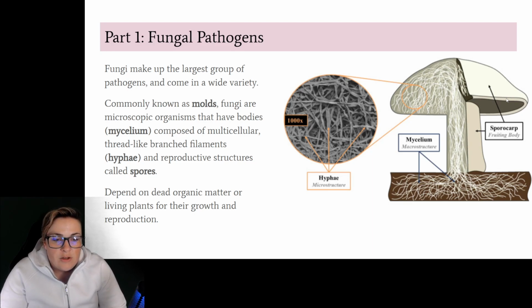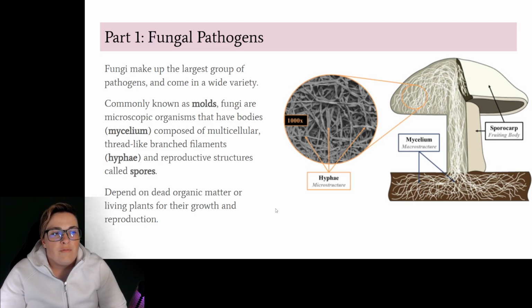It's also important to know that you often see fungi as a result of dead or decaying organic matter. So this is going to be extremely important for that ideal environment for fungal pathogens to exist.